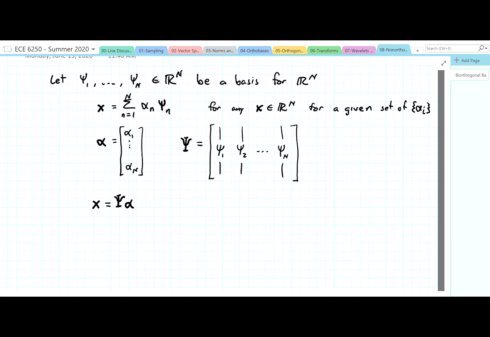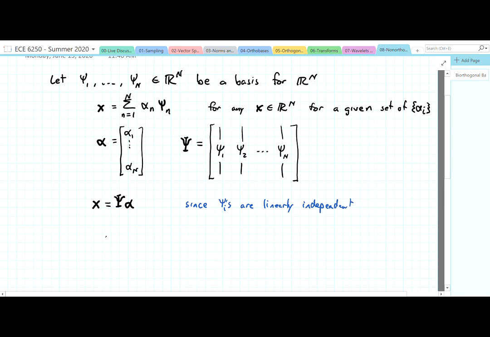Okay, now since our psi vectors form a basis, therefore they're linearly independent, then we can find the inverse.